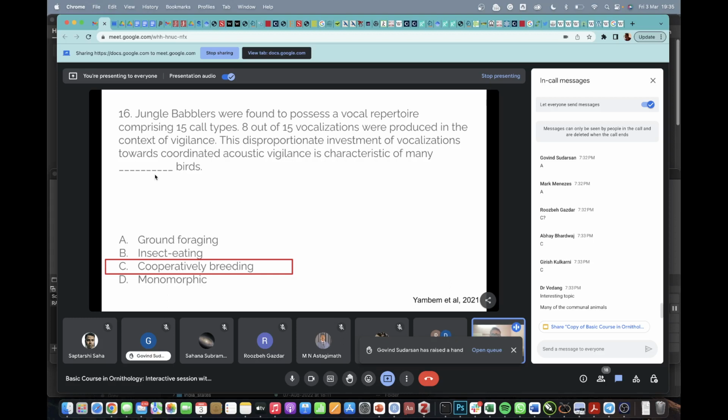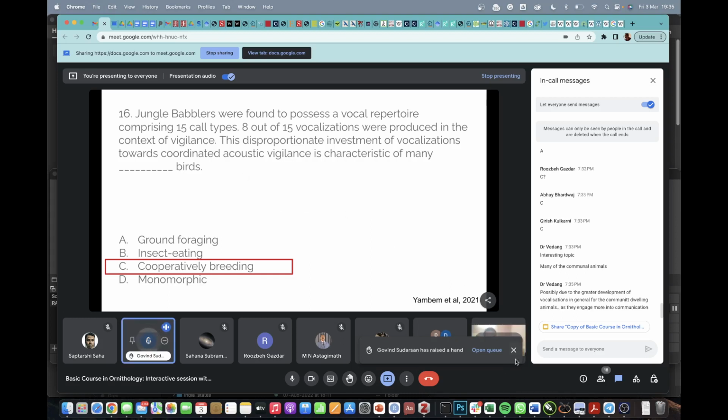I can come up with a lot of answers like kin selection and all that stuff. So all of them can come over here, but since they are more social birds, they have a greater need to warn their fellow members.